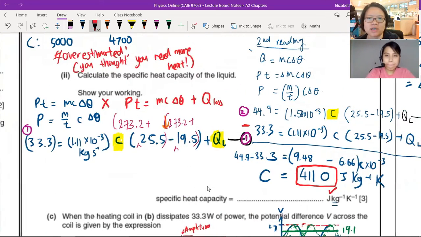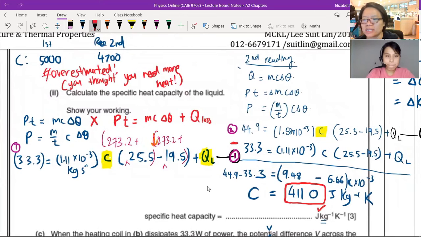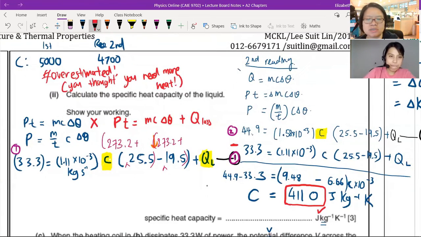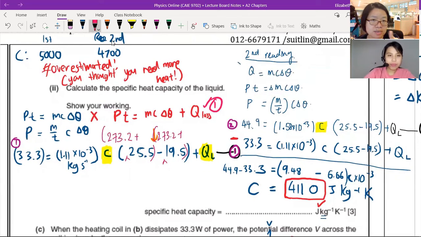The first mark is when you write Pt is equal to mc delta theta plus heat loss to surrounding. I would also like to mention that since they represent m as mass over time, it would be a bit better if you change this small m to maybe big M or some other alphabet, because they annoyingly go and choose m as the mass over time.